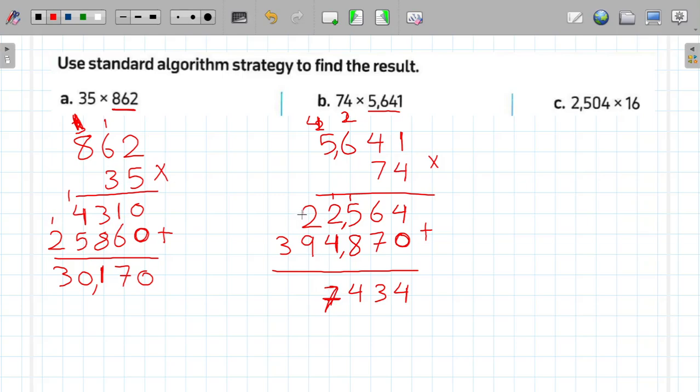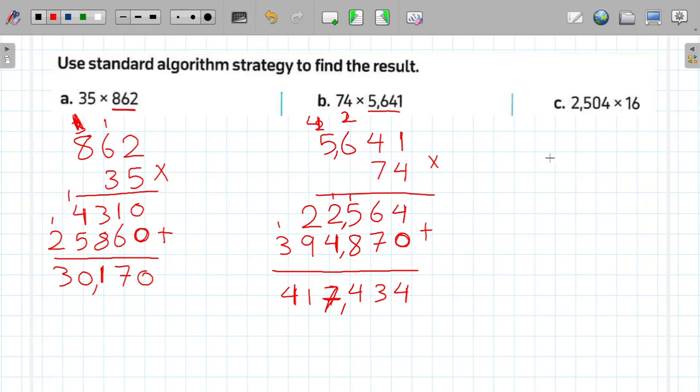And I have 2 plus 9 equals 11. So I will write 1 and carry up 1. 1 plus 3 equals 4. So the result is 417,434.